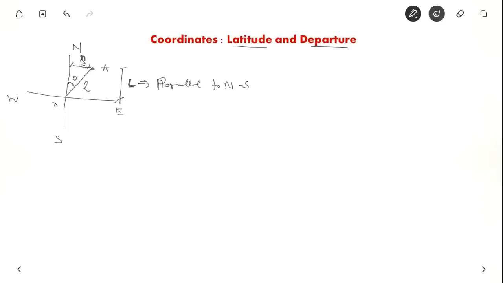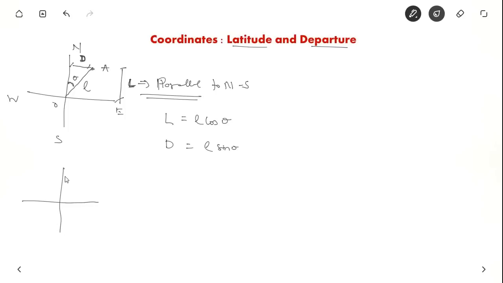So if this is L and the bearing is theta, latitude equals L cos theta and departure equals L sin theta. Even if you forget this formula, you can remember this: latitude is parallel to the north south direction, so latitude is L cos theta, and departure is L sin theta.